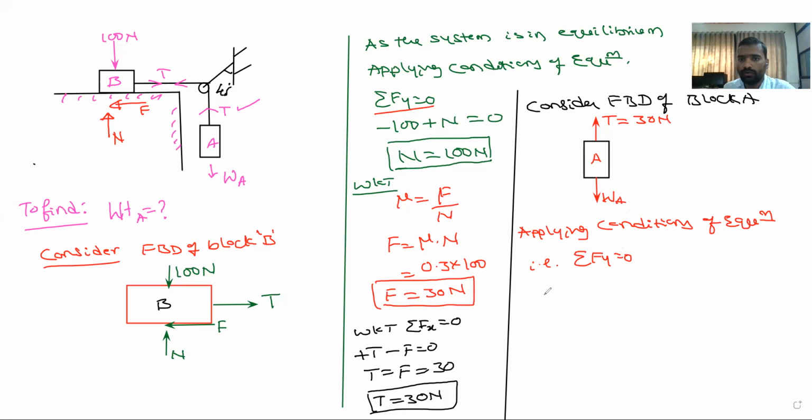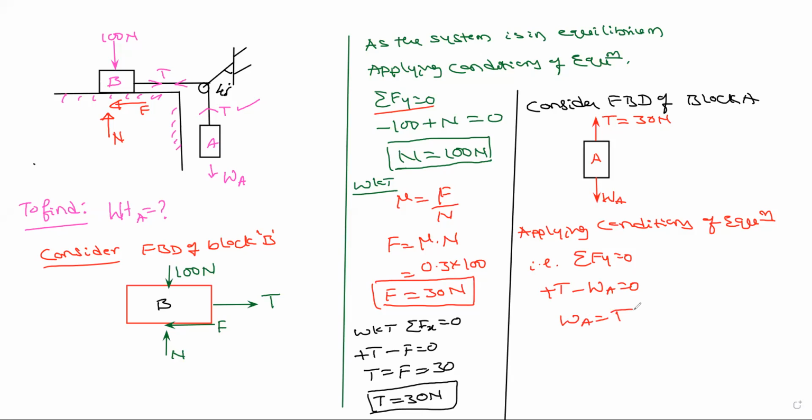Upward moving forces are positive, that's plus T. Downward moving negative, minus Wa is equal to 0. So this Wa is equal to T. Then this Wa is equal to 30 Newton.